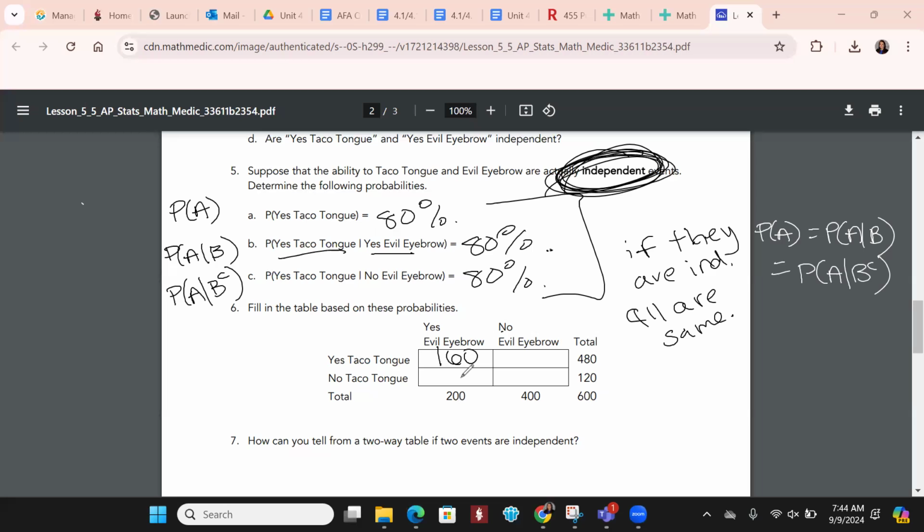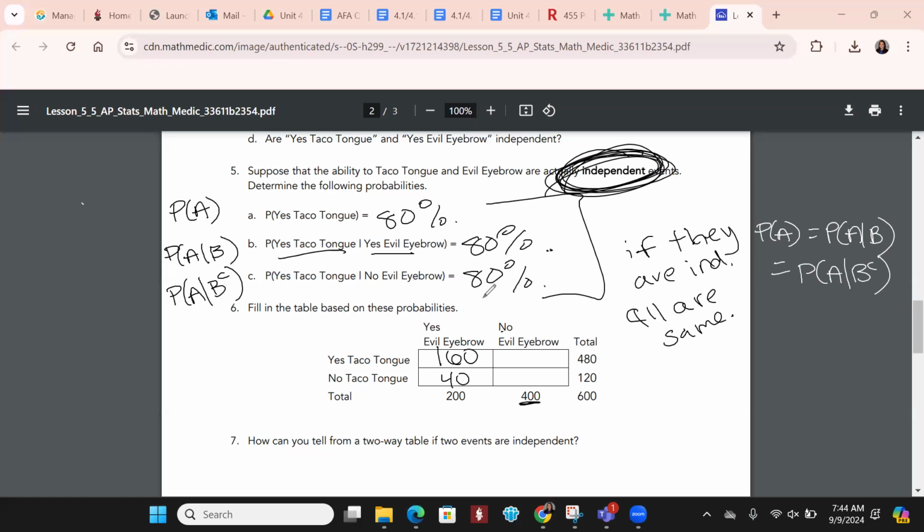If this is 160, how much is going to go here? Okay, everybody good so far? The reason I chose 80% is because that's what we found up here. Out of the no evil eyebrow, so out of the 400, what's our percent?